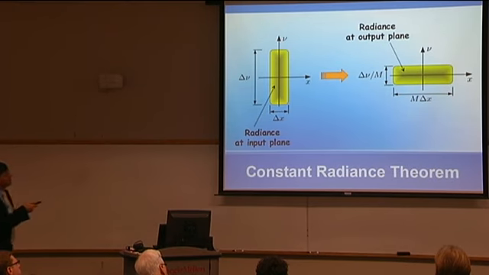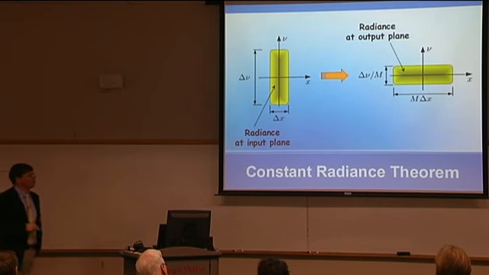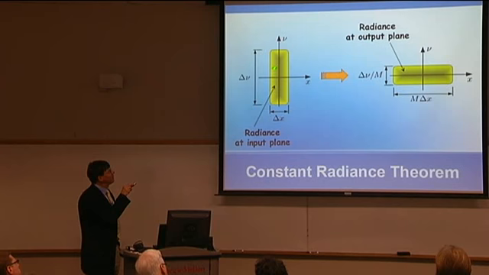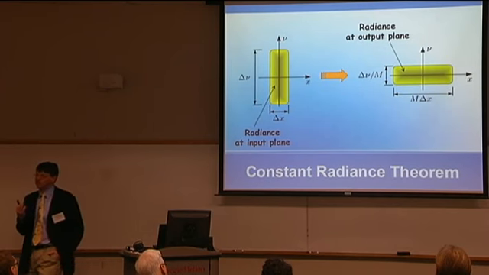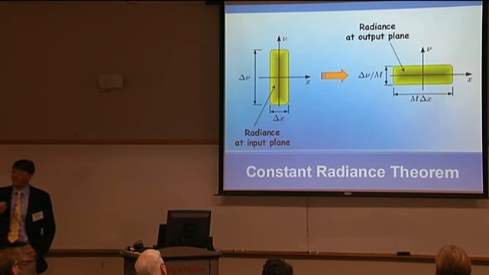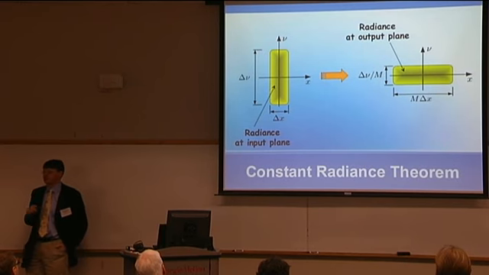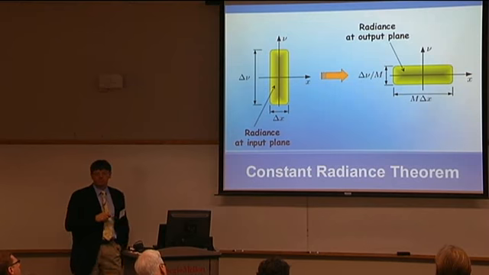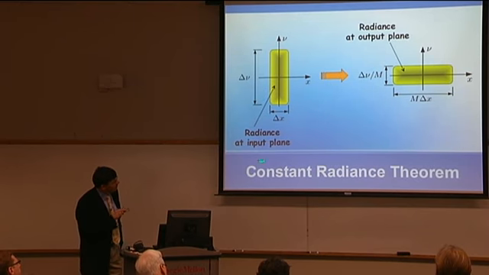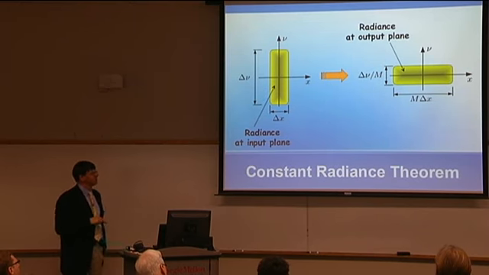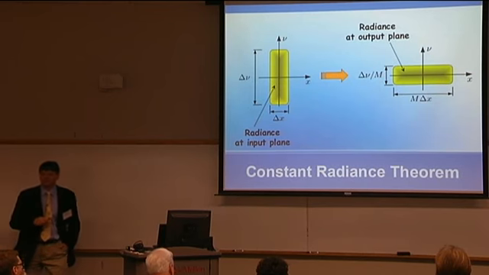What this means is that in phase space we really do not change the size of this area, we merely rearrange everything. And we can go one step further and say, well, if we have a point here that represents a certain radiance, that radiance is not changed, it is merely located at a different position in this phase space. And that's what the constant radiance theorem is all about.